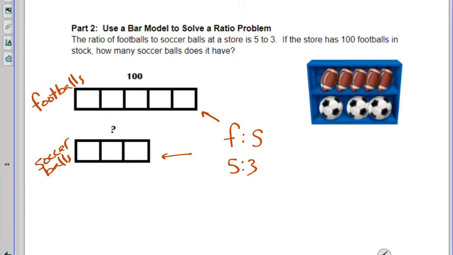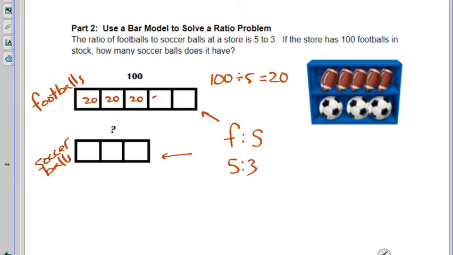Of course, the Europeans would say, what do you mean soccer balls? Those are footballs. But anyway, that's another story. So anyway, I know that the total number of footballs is 100, and that's broken into 5 equal parts. And so 100 divided by 5, that means each part needs to be 20.